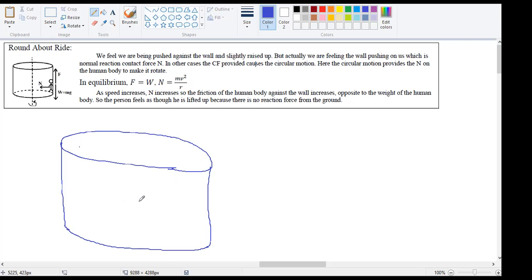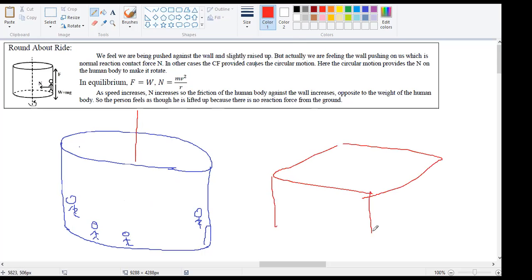If you go to Disney World, those kind of places, there'll be a big cylinder like this, and you will enter through the door, and many people will go and stand inside.